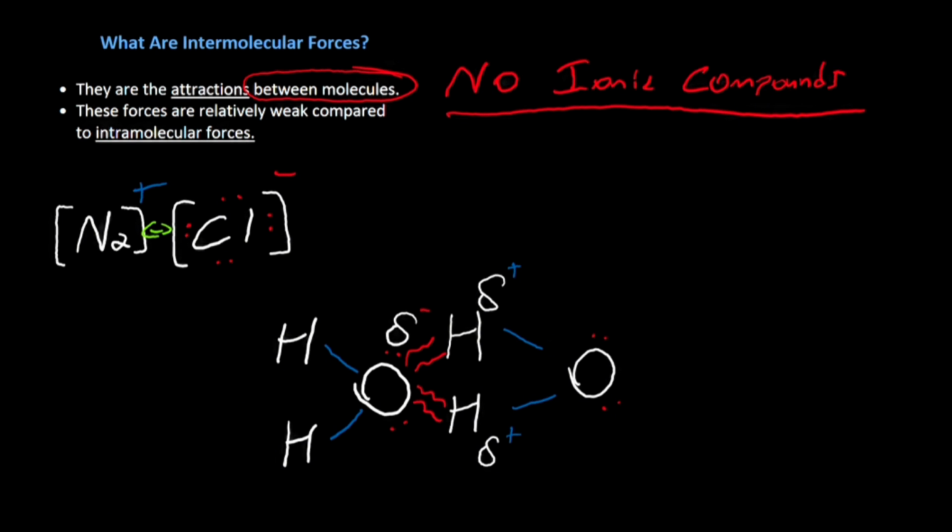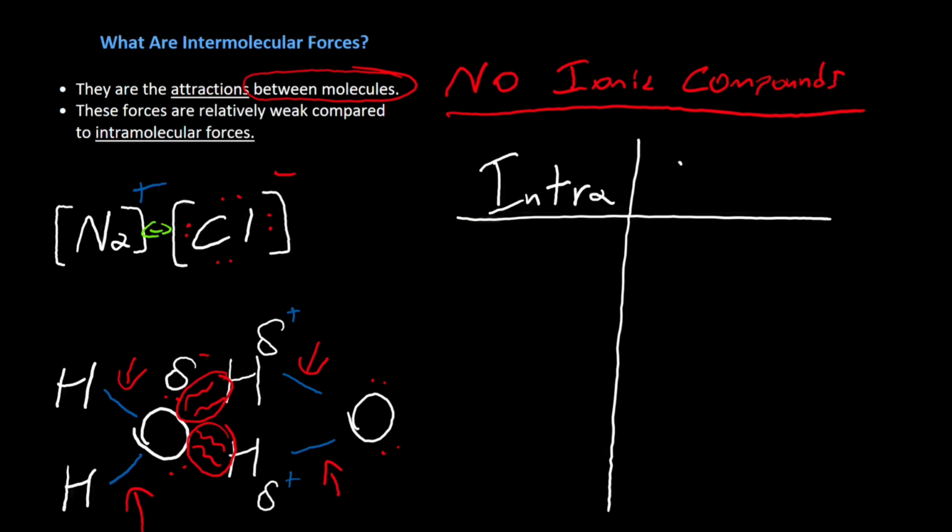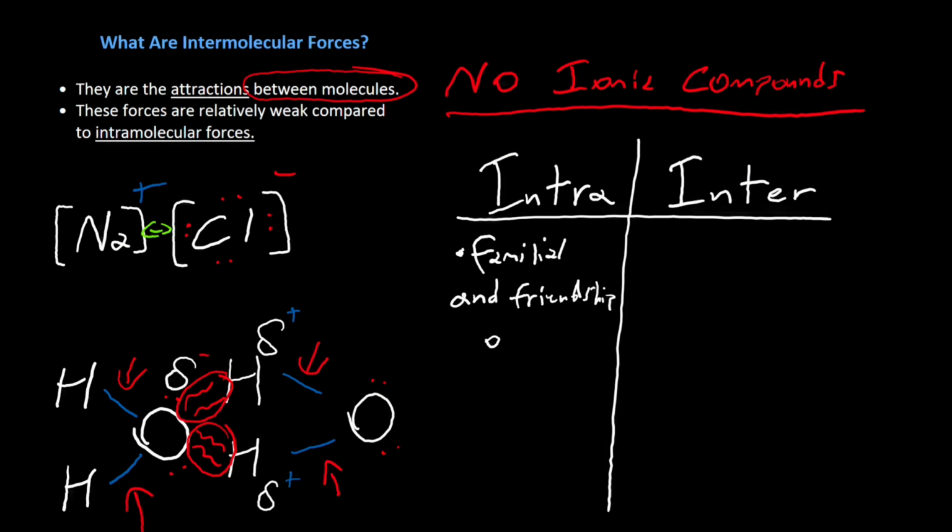Now in comparison, these intermolecular forces are relatively weak compared to the intramolecular forces, which are these covalent bonds within the molecule. To put this into an analogy, think of the bonds between the oxygen and hydrogens as the bonds that you have in relationships with maybe your parents, your siblings, grandparents, other close relatives, or close friends.